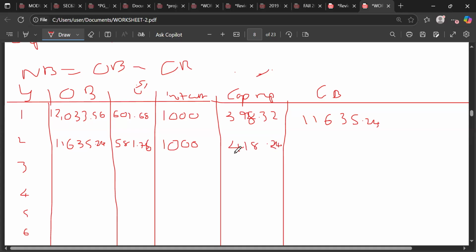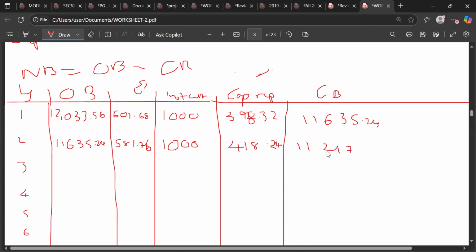Then 11,635.24 minus 418.24 will give us 11,217 here for year 2.